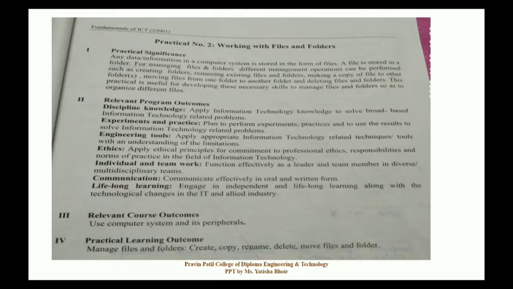For managing files and folders, different management operations can be performed, such as creating folders, renaming existing files and folders, making a copy of a file to another folder, moving files from one folder to another folder, and deleting files and folders. This practical is useful for developing the necessary skills to manage files and folders so as to organize different files. So this is practical number 2, which includes how to manage files and folders.